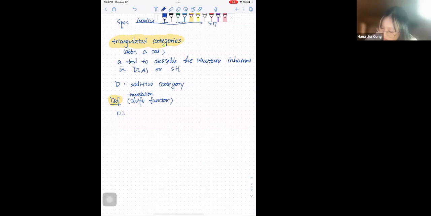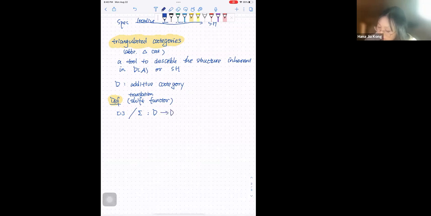Usually we use the notation [1], suspension, or sigma; these are the most commonly used notations.